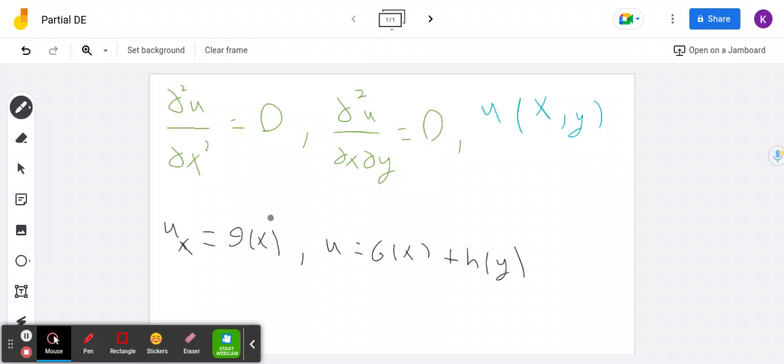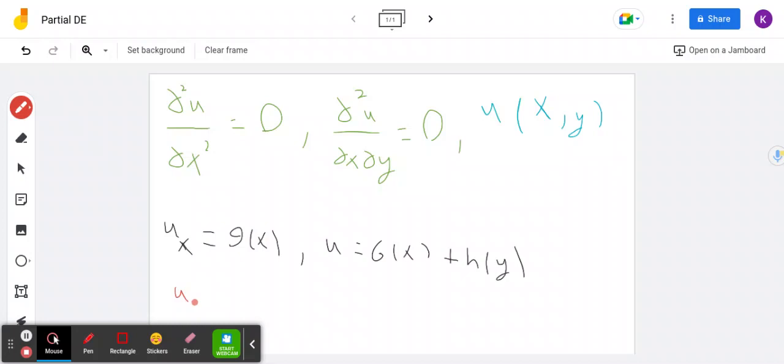But if we plug this into the first equation, this is not true for all values of this function. So we have to generalize it more and find a form for the function that makes the equation true. So if we consider this to be the general solution of this system, I'm going to use this form for solving the first equation. If we take the first derivative with respect to x, what we get is the derivative of capital G of x, or we can just call it g prime of x.